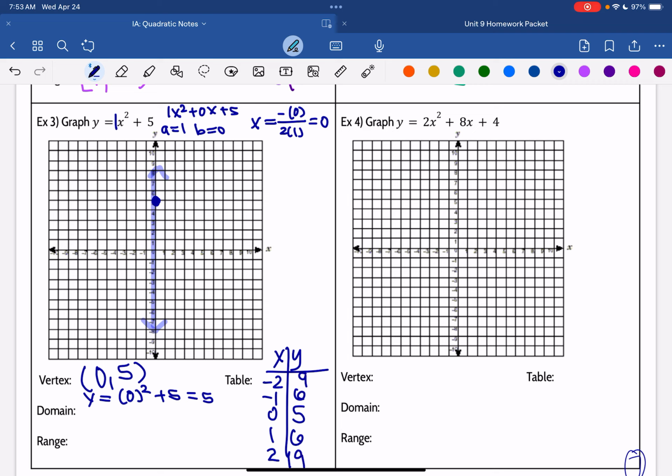Okay, so negative 1 we're at 6. And 1 we're at 6. And 2 we're at 9. And negative 2 we're at 9. Now in this case, we have a minimum, which means, I'm getting ahead of myself, but our range is going to be from that min value to infinity.